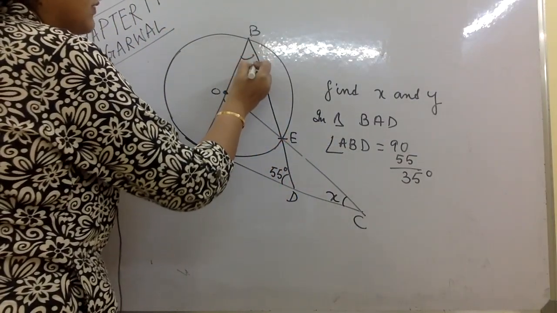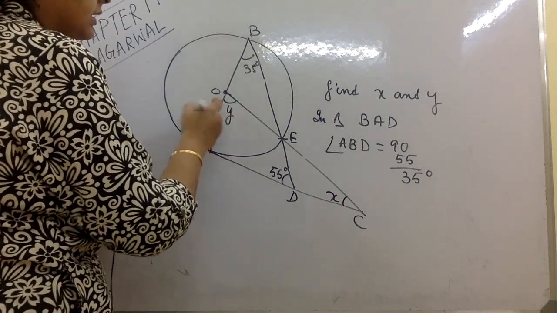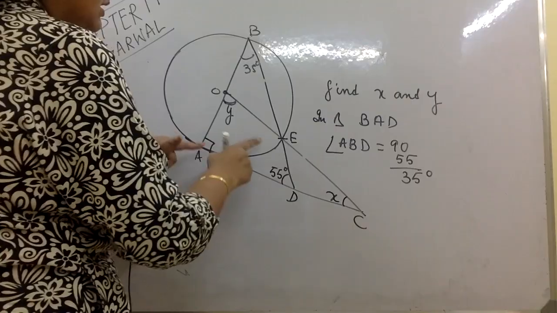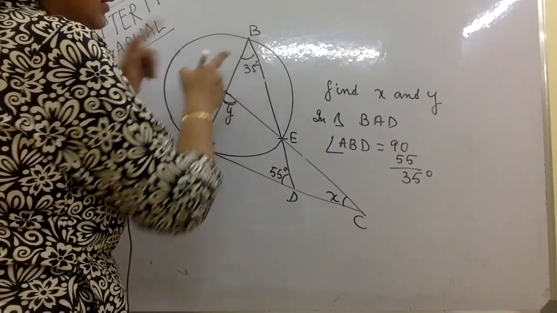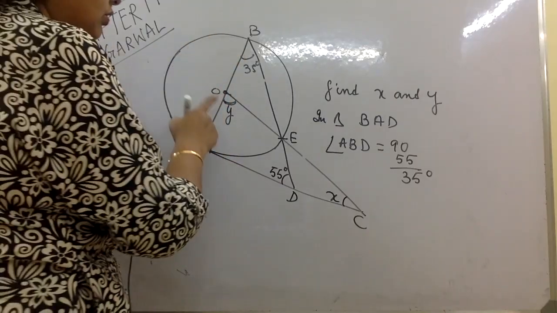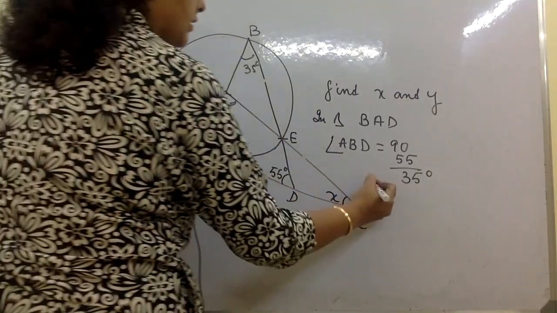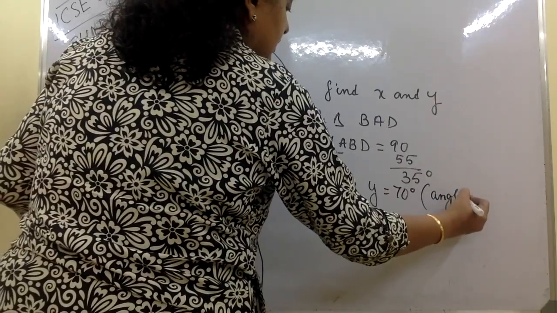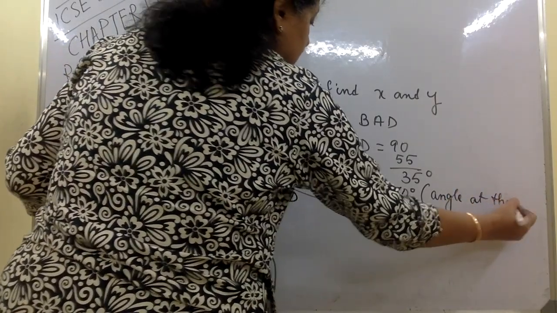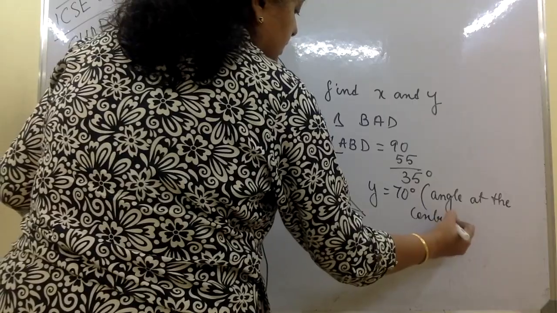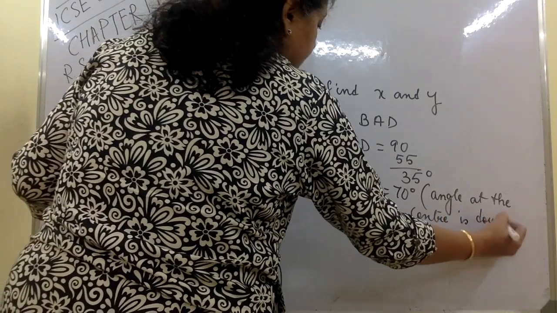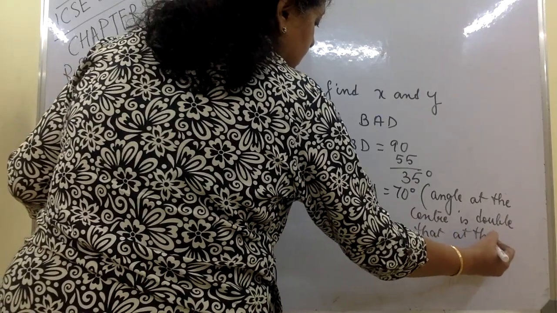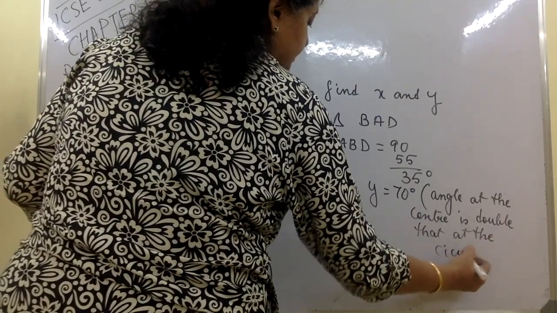If this is 35 degrees, then this angle is held up by the same arc. This arc is holding y at the center and 35 degrees at the circumference. So according to the circle theorem, y becomes 70 degrees.